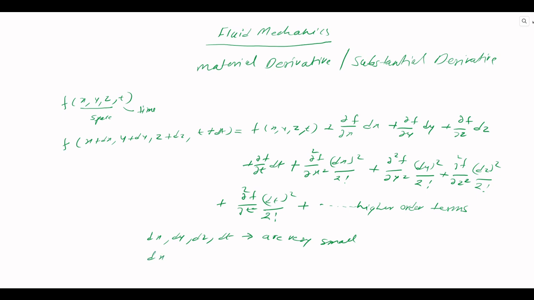So dx square, dy square, dz square, and dt square tend to 0. For example, if dx equals 0.1, then dx square equals 0.01.